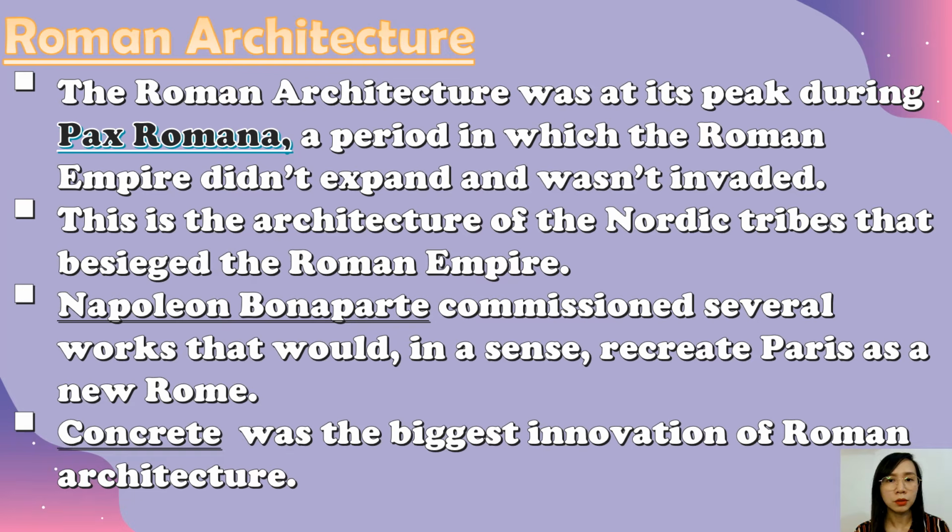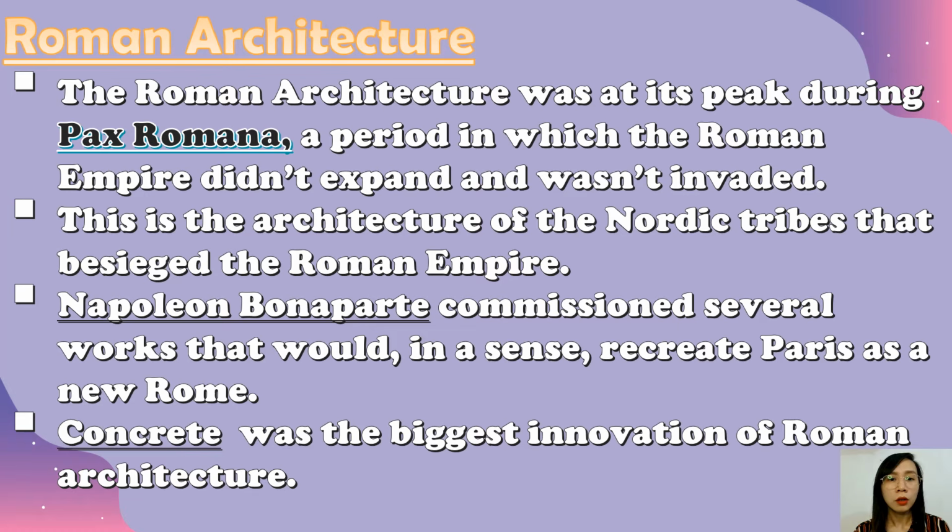After the Greek period comes the Roman era. The Roman architecture was at its peak during Pax Romana. Pax Romana is the period in which the Roman Empire didn't expand and wasn't invaded. Napoleon Bonaparte commissioned several works that would, in a sense, recreate Paris as a new Rome.